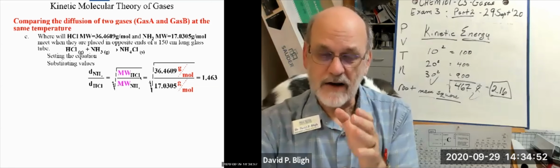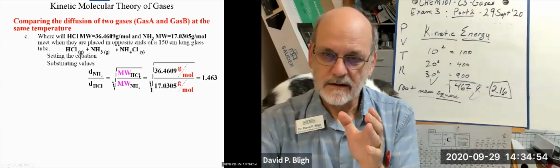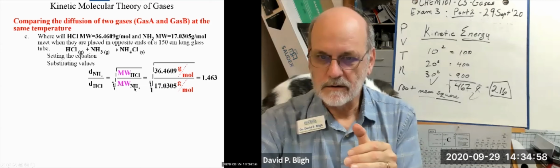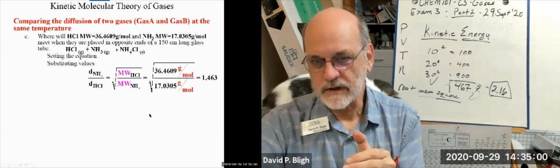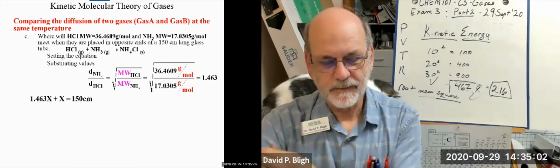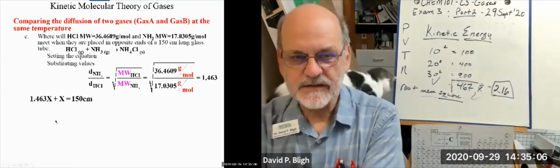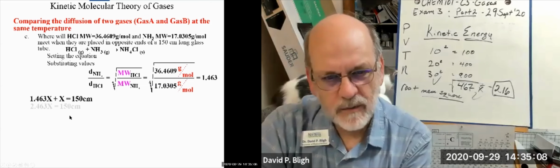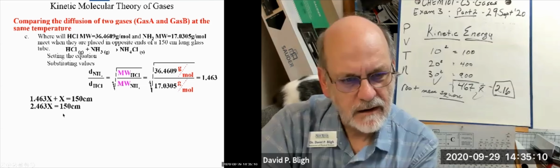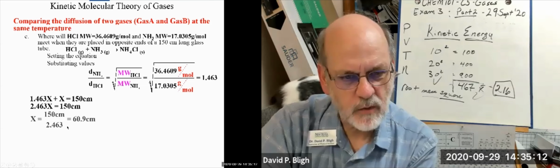The ratio of hydrogen chloride to ammonia is 1.463. So if X is the distance that, wait a minute, I forgot to say what X is.